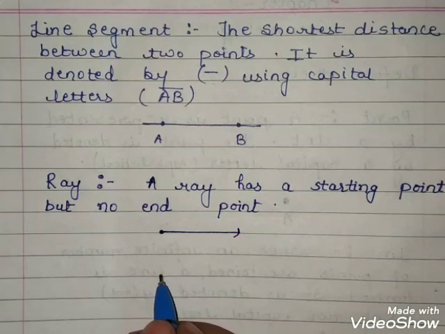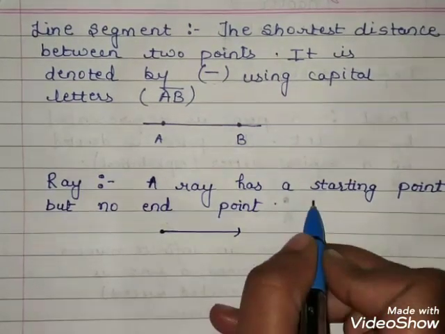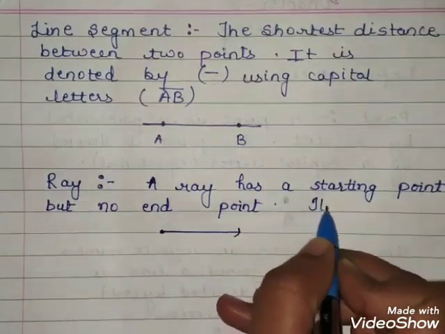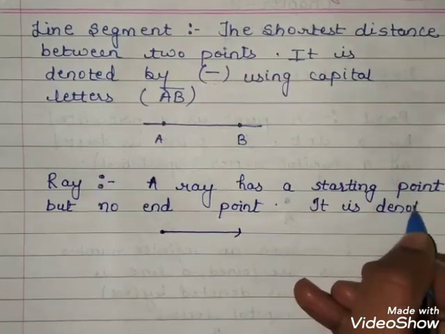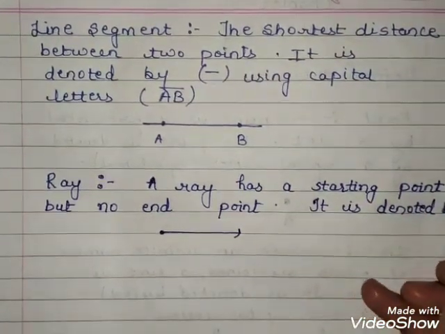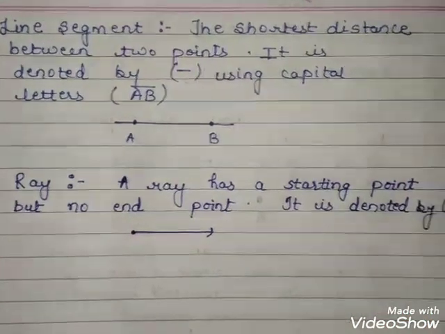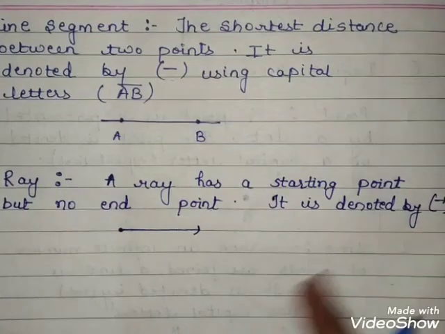So here we use the symbol that is denoted by such kind of symbol, right? Such kind of arrow we use to denote this.